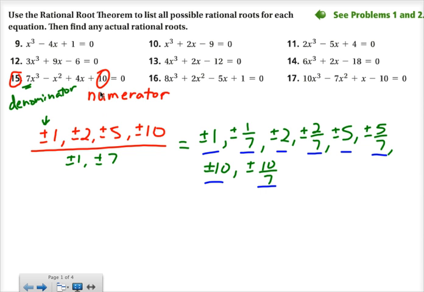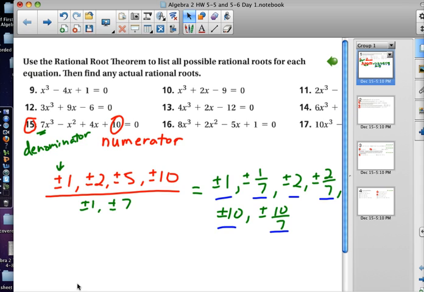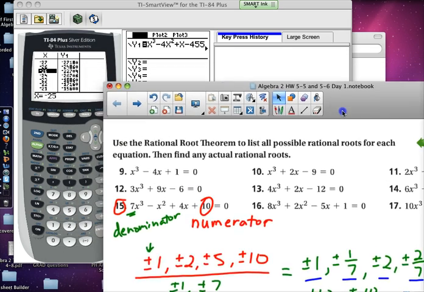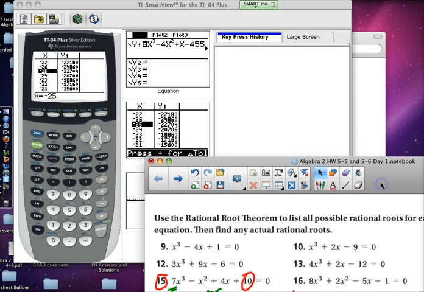So what I have to do is narrow that down for my real roots. So I grab a calculator, and I'm going to punch this in and then check and see what I have for real zeros here.